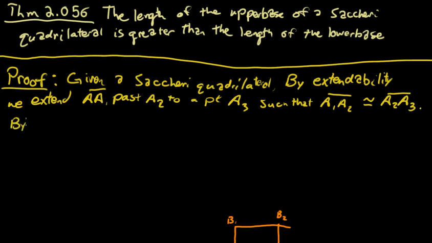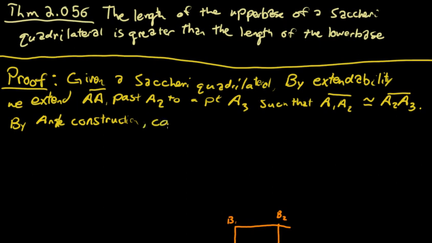Then by angle construction, we'll call this A sub 3.